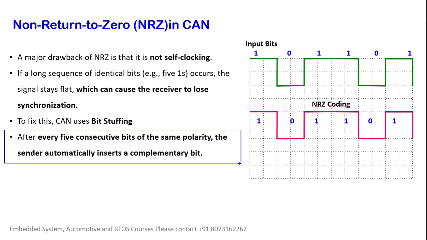This process is called bit stuffing. For every 5 consecutive bits of the same polarity, the transmitter will insert an opposite polarity bit during the transmission. So we have to use NRZ coding along with bit stuffing.